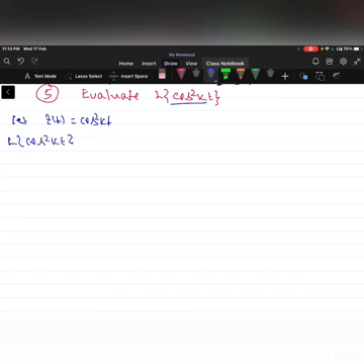So we don't have Laplace transformation of cos square kt directly. So therefore cos square kt can be written as 1 by 2 into 1 plus cos 2kt.